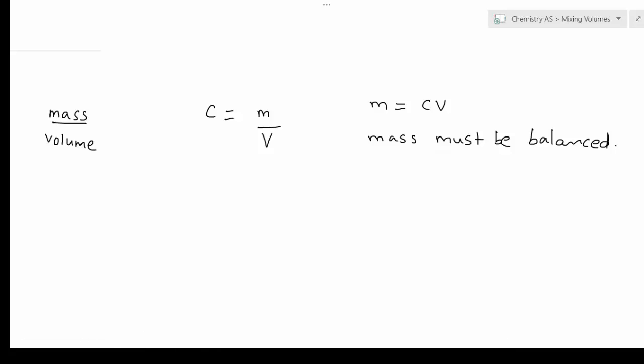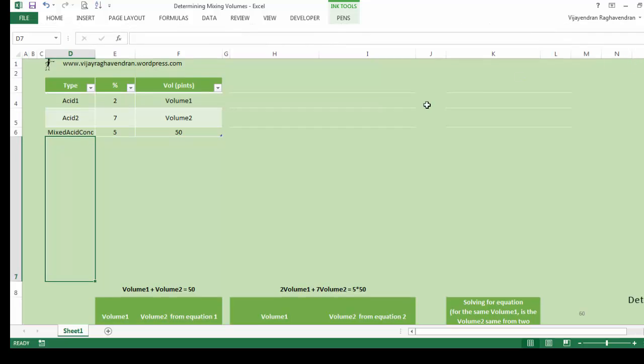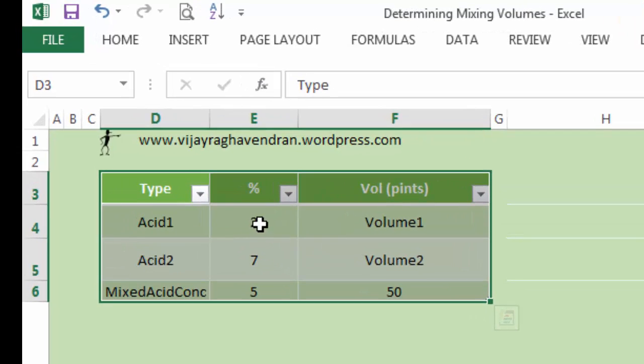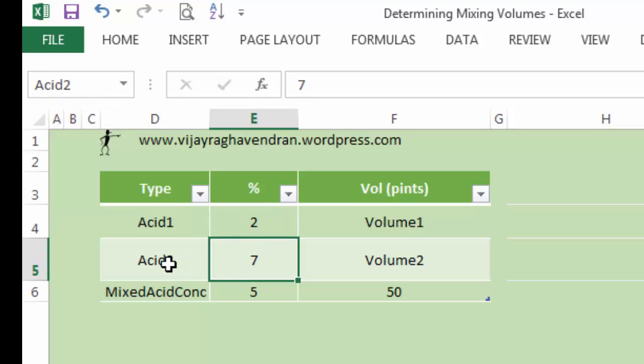So let's go into Excel and see how we can solve this problem. Here we are in Excel 2013. I wrote the problem in the form of a table so that we can name some of these cells. The 2% solution is called asset 1, and the 7% solution is asset 2.